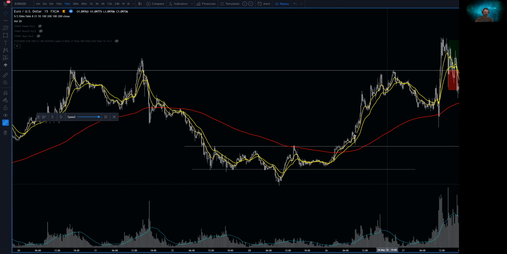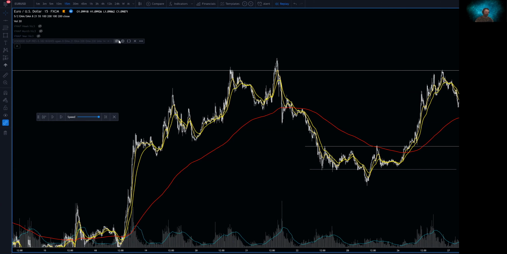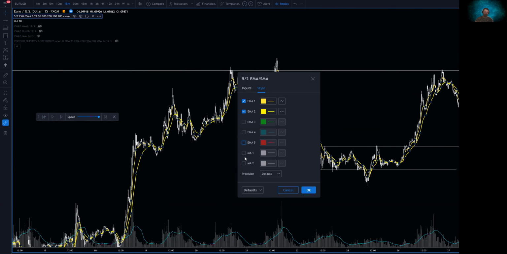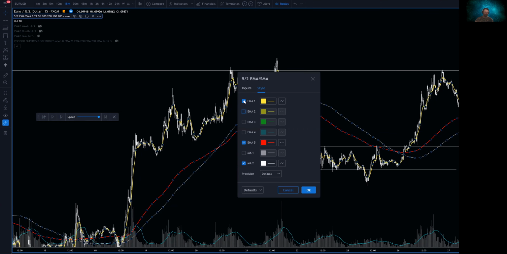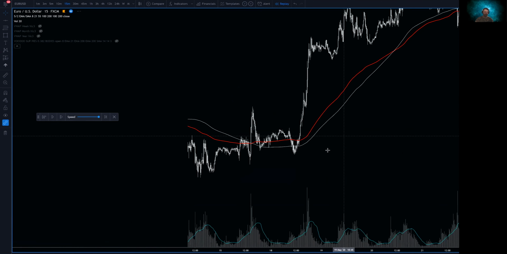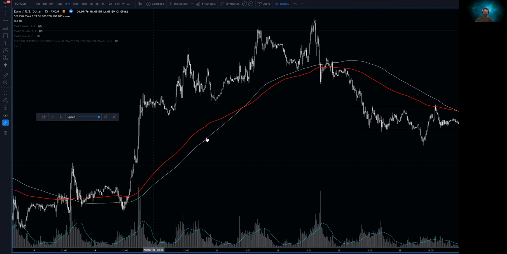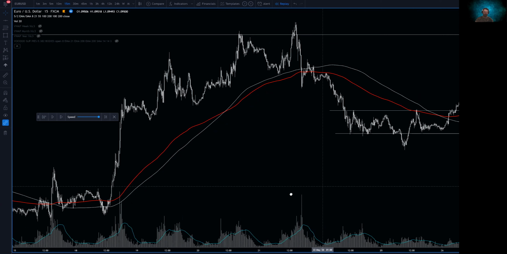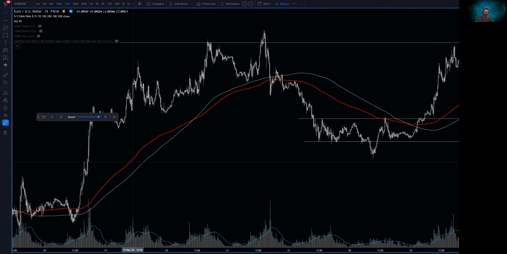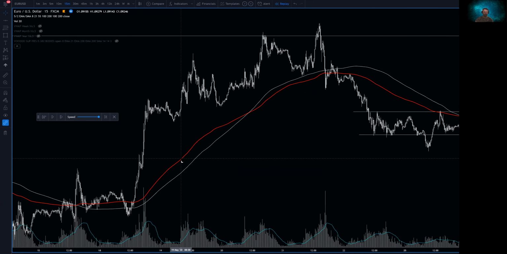You can also use the 200 EMA, and I like using the 200 EMA and 200 SMA for swing trading sometimes. Of course, it won't provide you with multiple entries, but whenever I have the 200 EMA above the 200 SMA, everything is sloping up, and they are in this order, I will be entering on the 200 EMA.